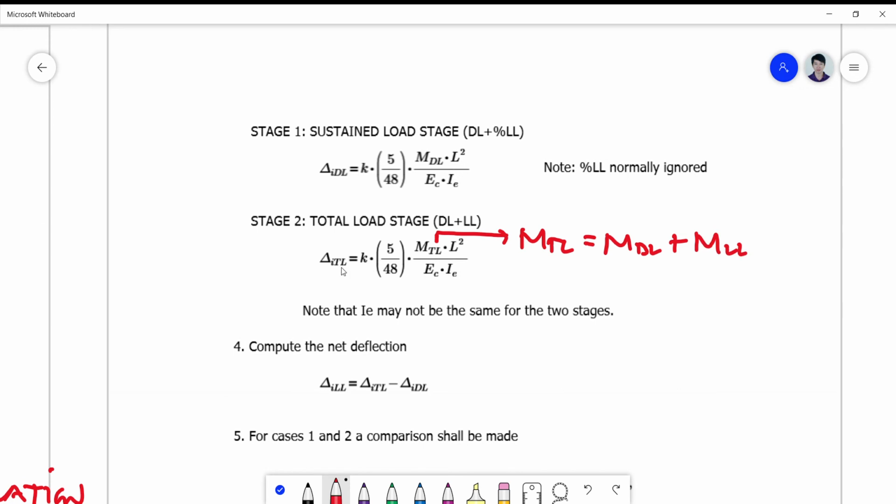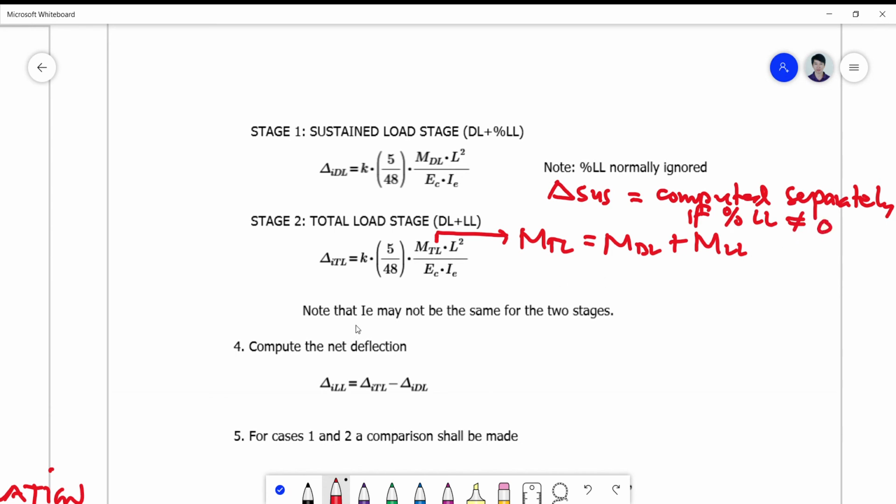Okay, so that's the total load stage. Note, percent live load is normally ignored. But if it is not ignored, then your delta sustained will be computed separately. Okay, if percent live load is not equal to 0.